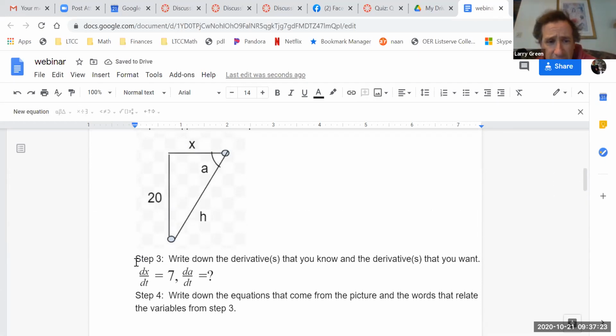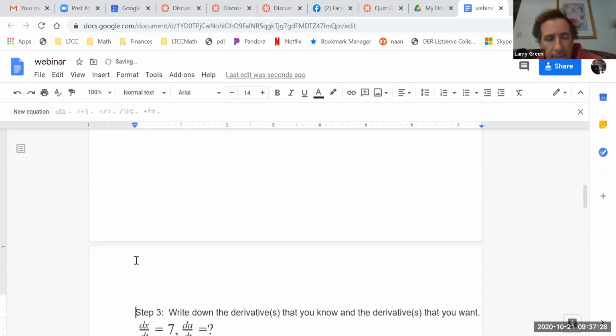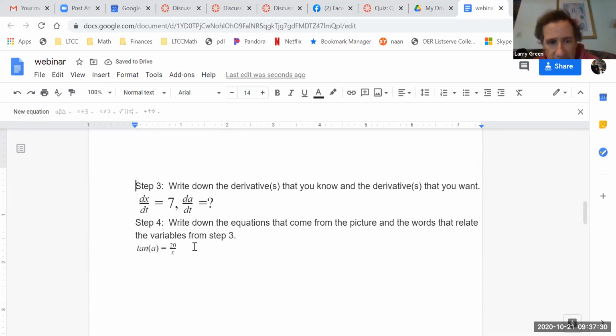Okay, any questions so far? Okay, step 5. Implicitly differentiate with respect to t.